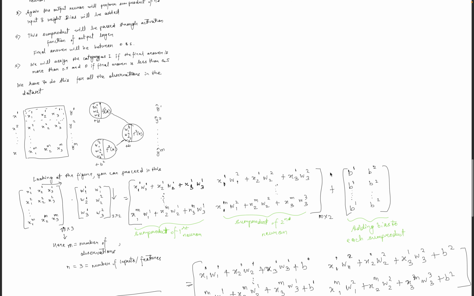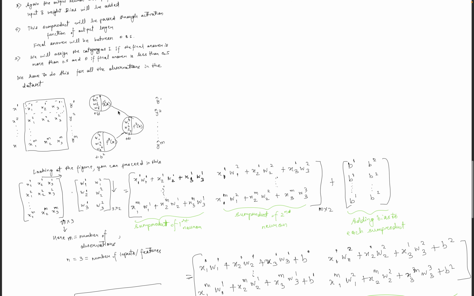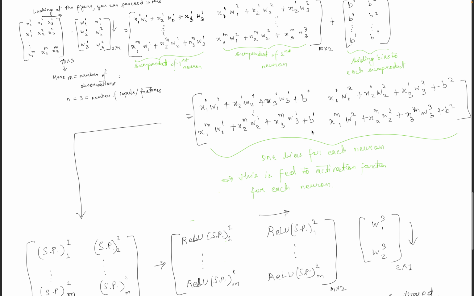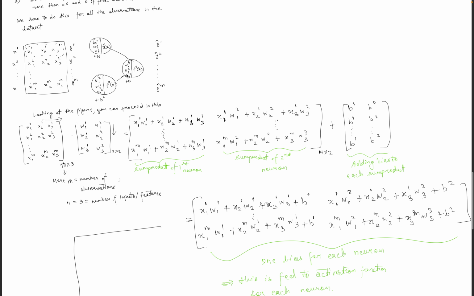Now again this will be used as input to the output neuron. The output of this activation function will be used as input to this neuron. So in this part of the neuron, the inputs will be multiplied by their weights and a bias will be added.